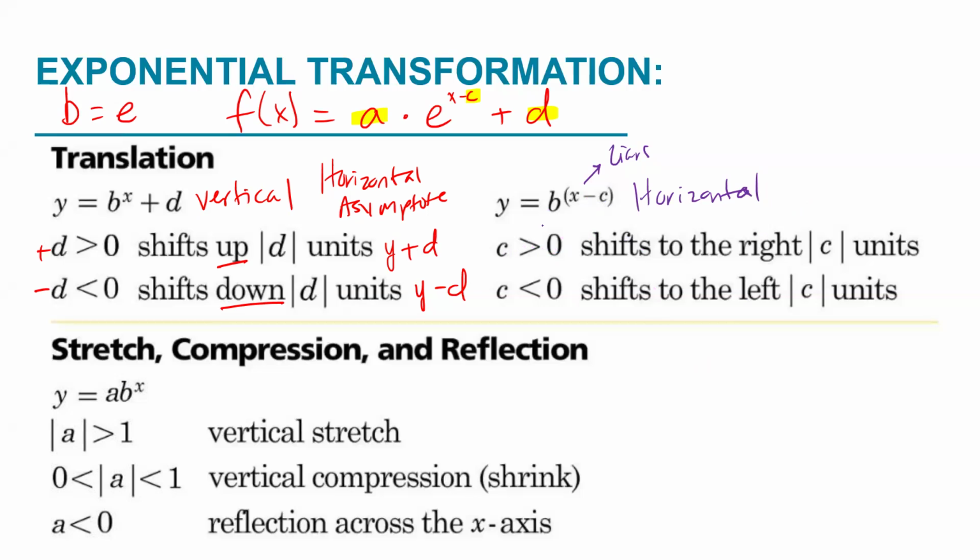So C being greater than 0, it's going to look like minus C. But it's just a positive C, and it's actually going to be moving to the right, which means to all of your X values, you will be adding whatever C is.